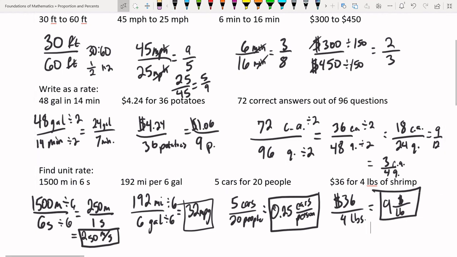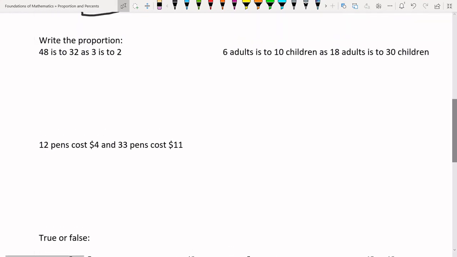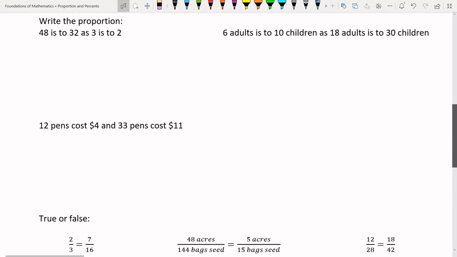Okay, let's use this information and go on to proportions. A proportion is a way of comparing 2 ratios or rates. So to write a proportion, it's quite simple.